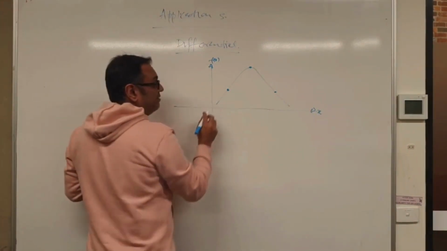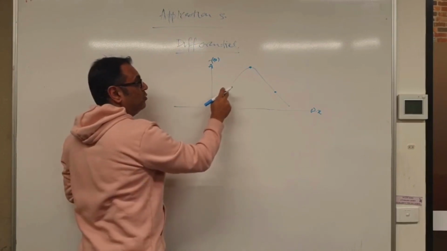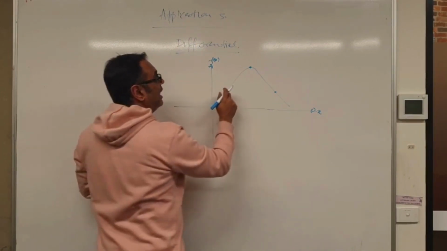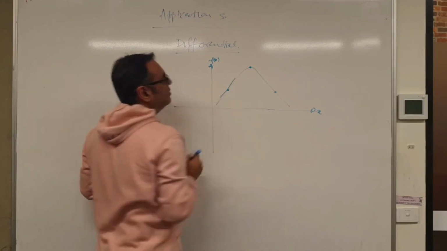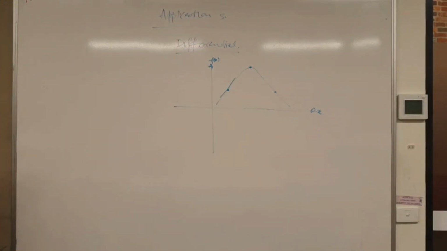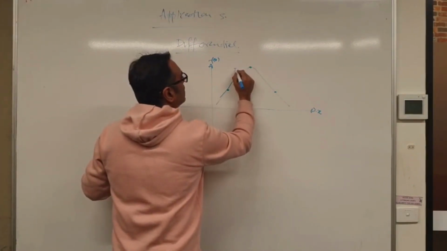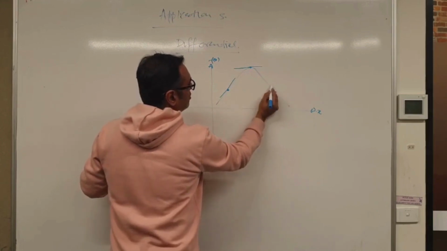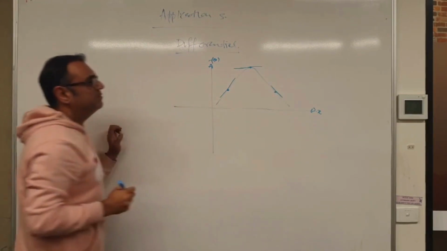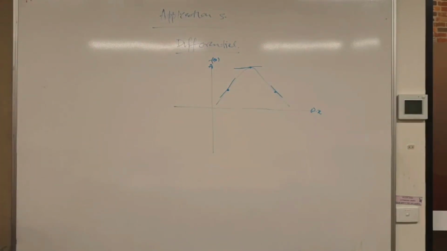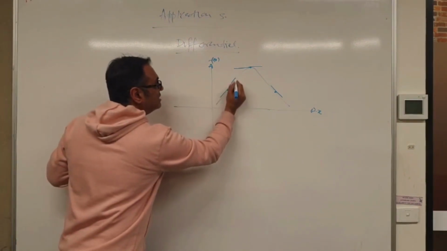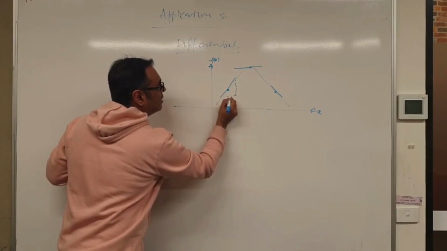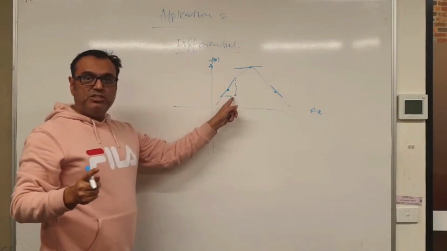So wherever I'm trying to find the gradient, at that point I will draw a tangent. A tangent is the line which touches the graph at one point. So here also I can draw a tangent, and here also. Then I find the rise over run of this tangent, the tan theta of this tangent.